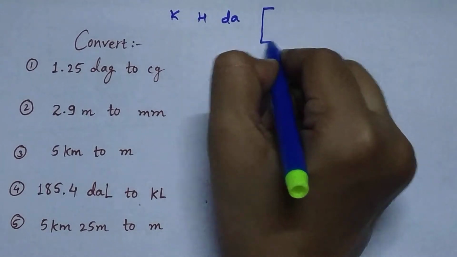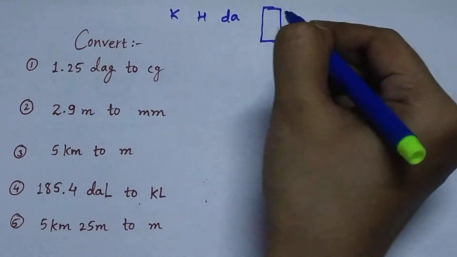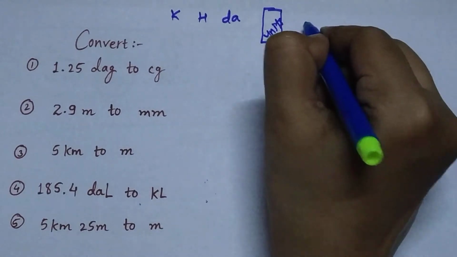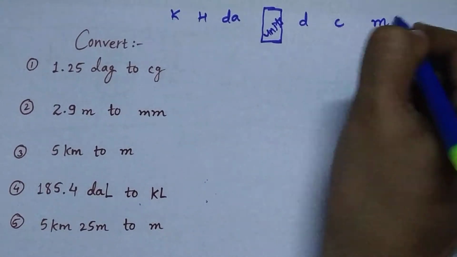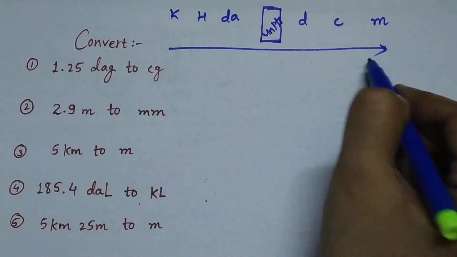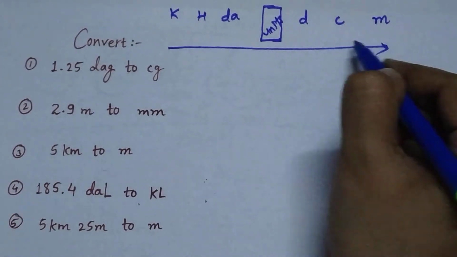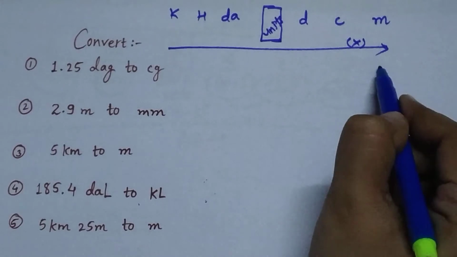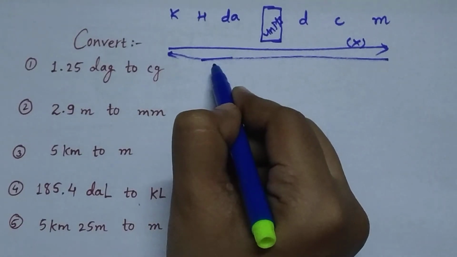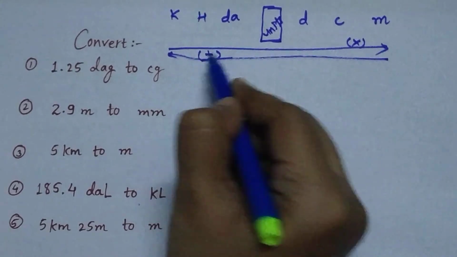Here you will write the base unit, the main unit. And we are having deci, centi and milli. In order to go from larger to smaller, we multiply. And whenever you want to come from here to this side, we perform division.